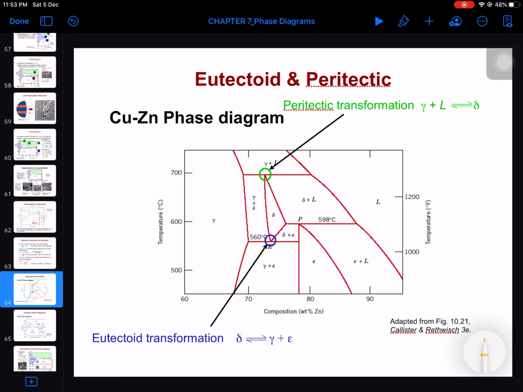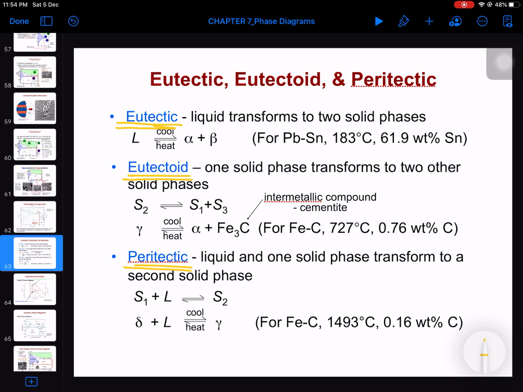If you look at this particular diagram, here is where the peritectic reaction occurs. If you look at that spot, it looks something like this. This is delta, this is gamma plus liquid. If you look back at the definition, peritectic is where the liquid and one solid phase transform to a second solid phase.